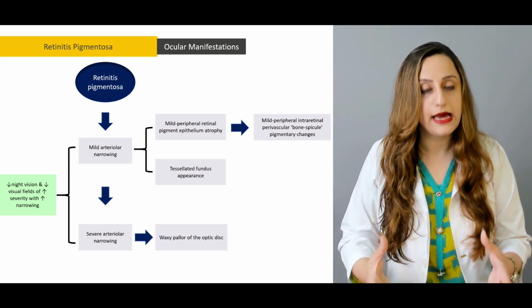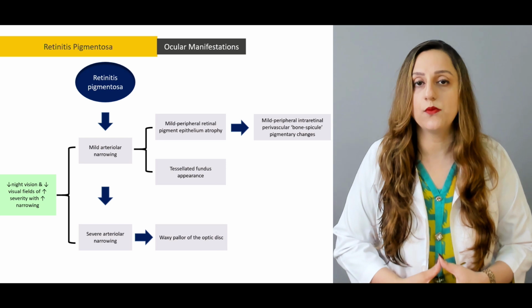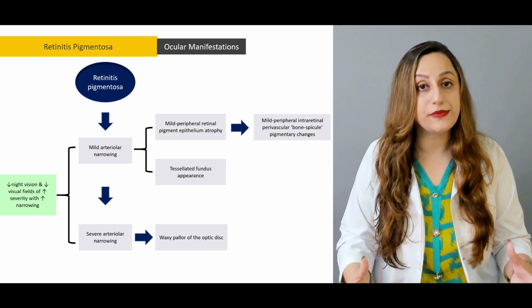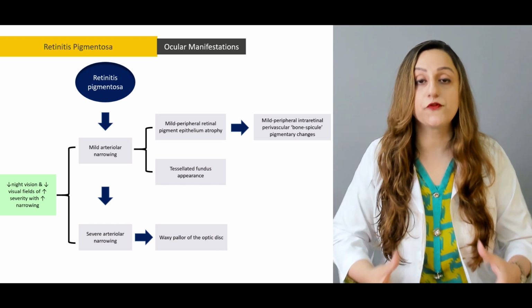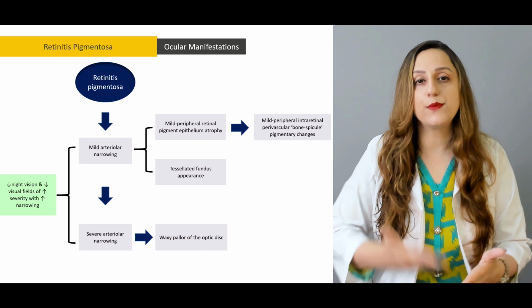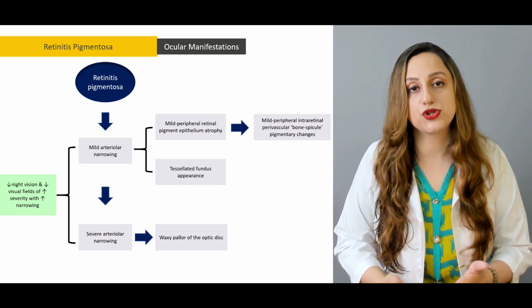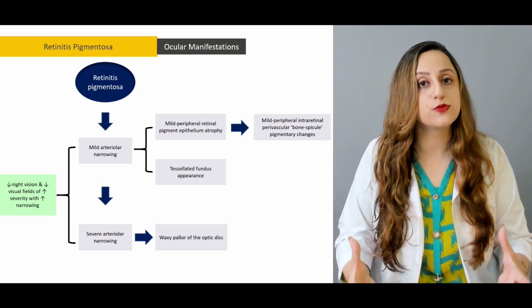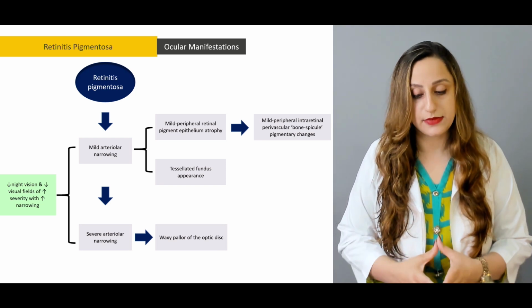Moreover, the patient can give you a history of photophobia or photopsia. Floaters can be noticed by these patients due to hemorrhages occurring at the posterior chamber of the eye. So these are the signs and symptoms that the patient can be suffering from.